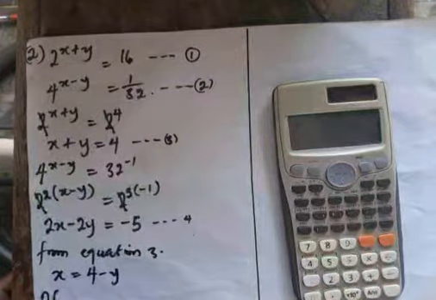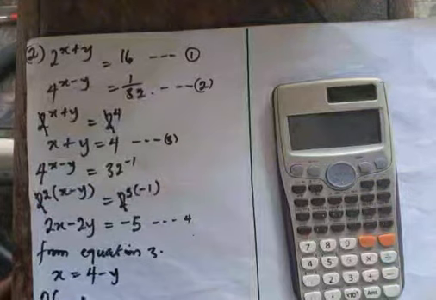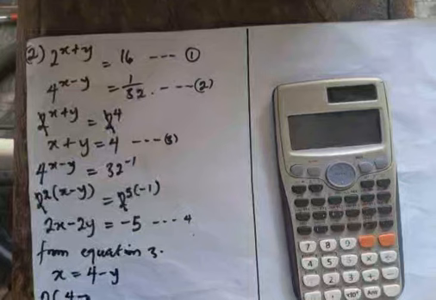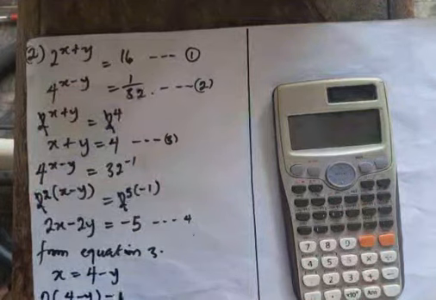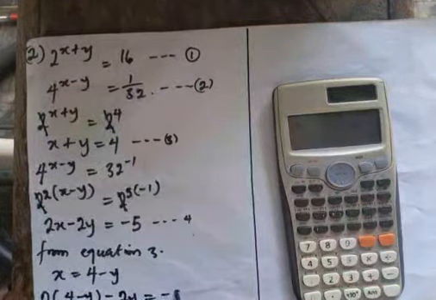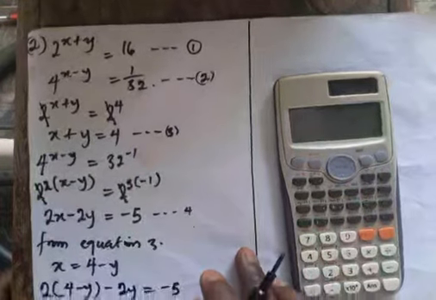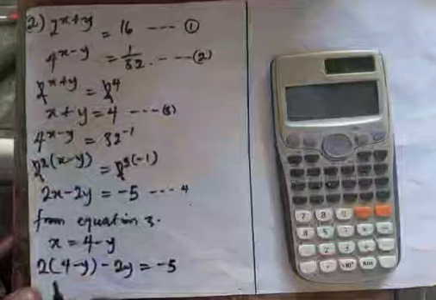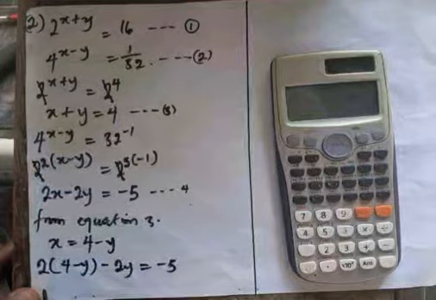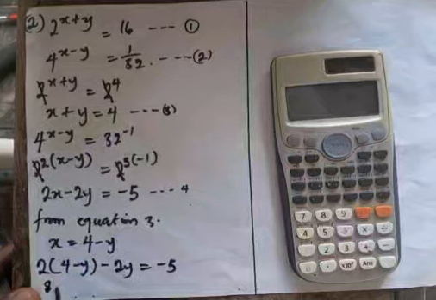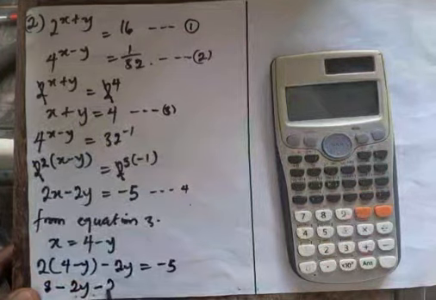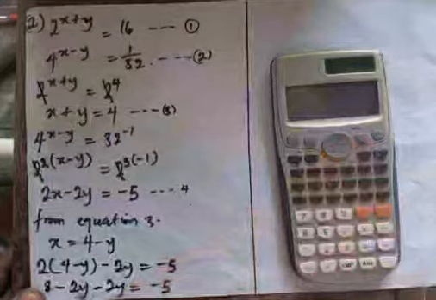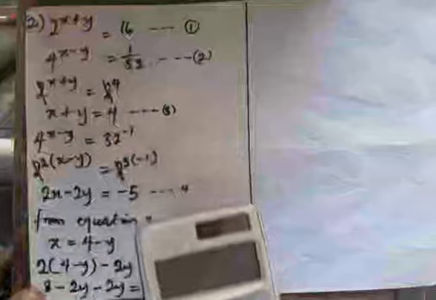So we have 2 into 4 minus y, minus 2y equals minus 5. We expand this bracket here. So 2 times this gives you 8, and this times this gives minus 2y equals minus 5.